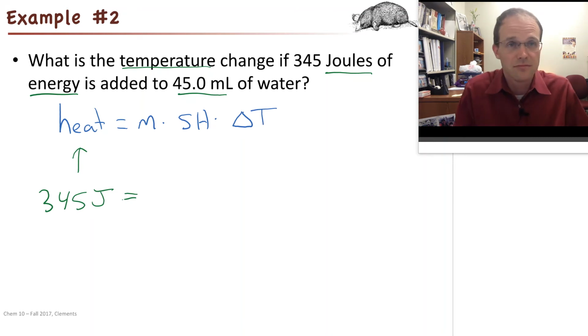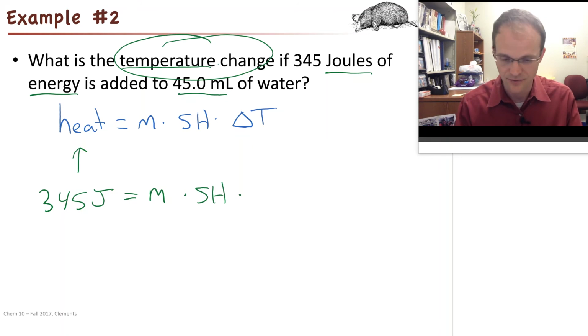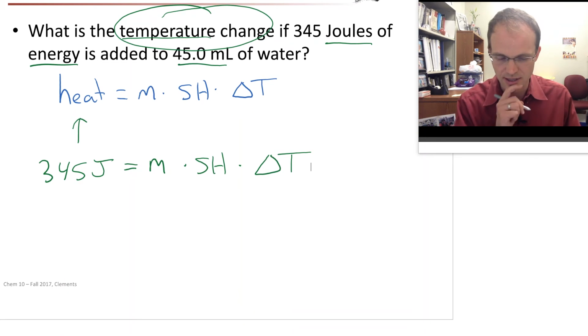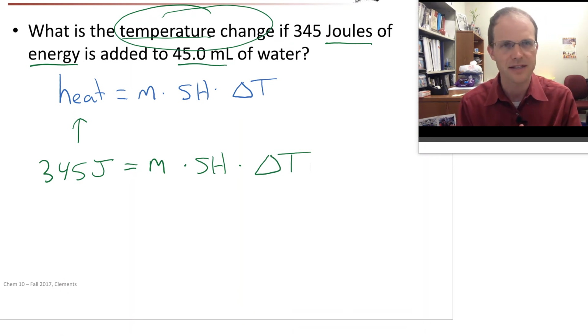Looking at the problem, there's nothing directly about mass, so we'll come back to that. Specific heat is not given in the problem either, so we'll come back to that too. And a temperature change: the problem actually asks for a temperature change, so let's put that in. That's what we're looking for. We still need to figure out mass and specific heat.